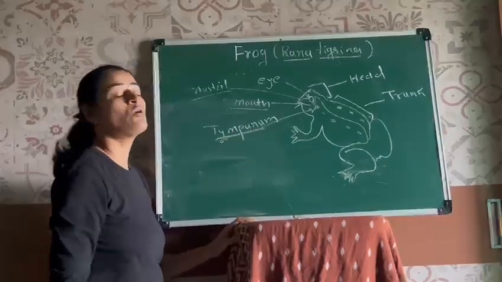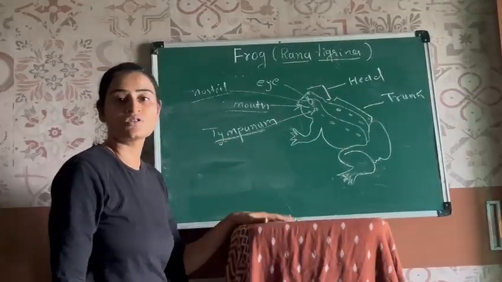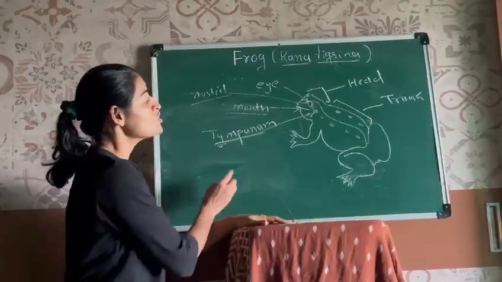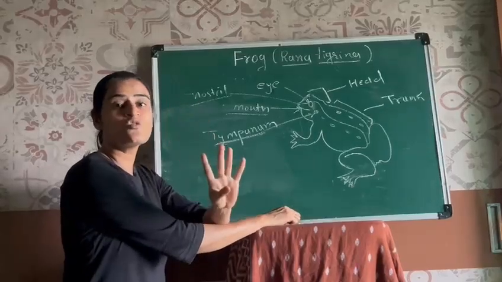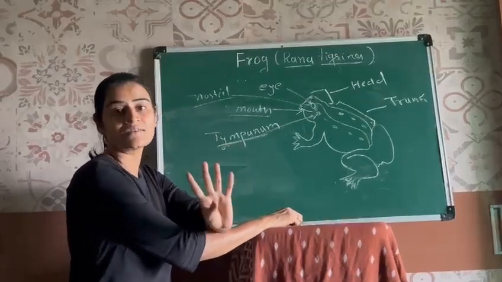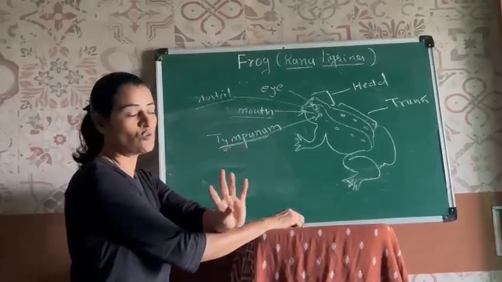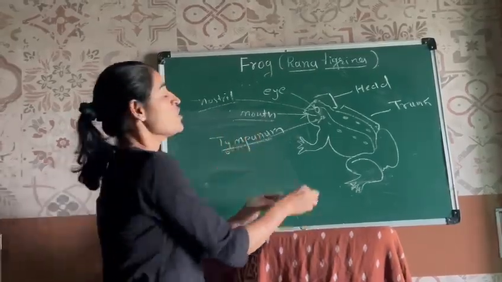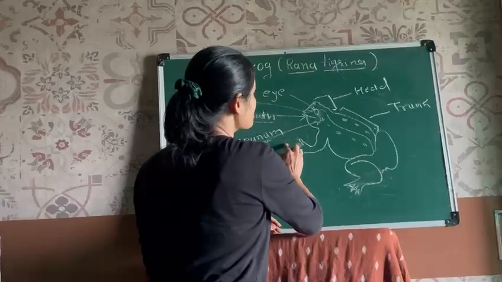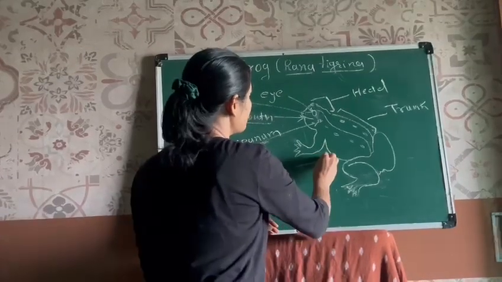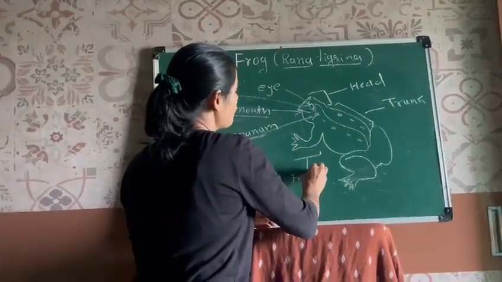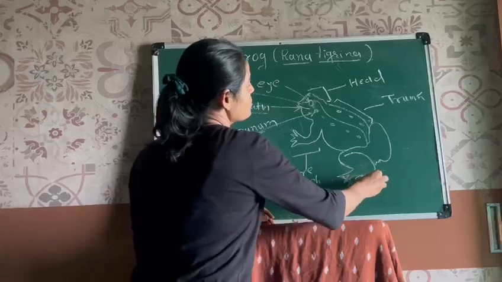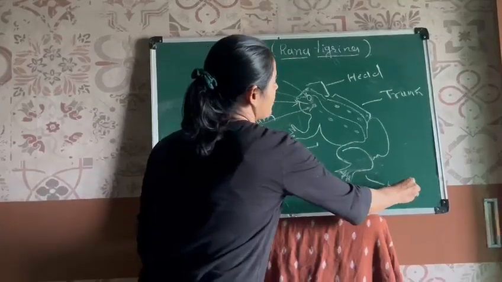Rana tigrina belongs to the tetrapods, subclass Tetrapoda. Tetra means four, poda means legs. They have four legs in total, that means two hind limbs and two forelimbs. One pair of forelimbs is there. This is the forelimb, and this one is the hind limb.